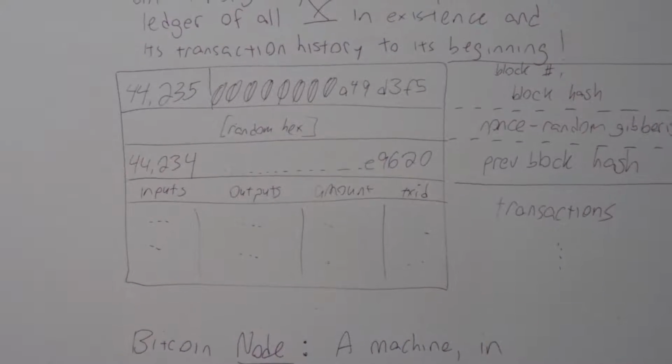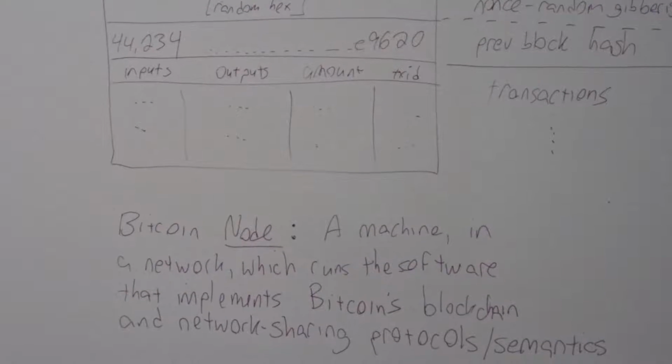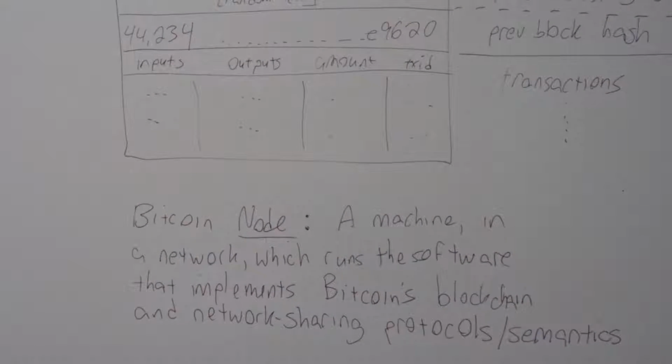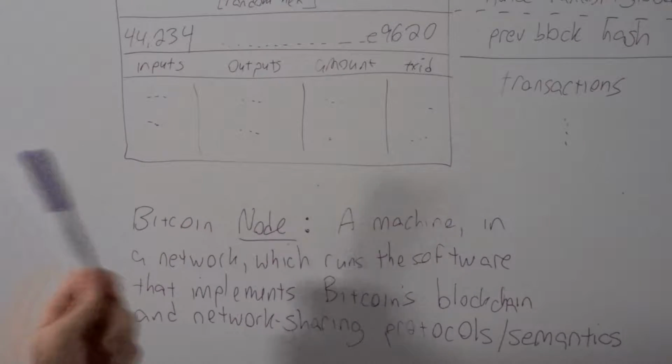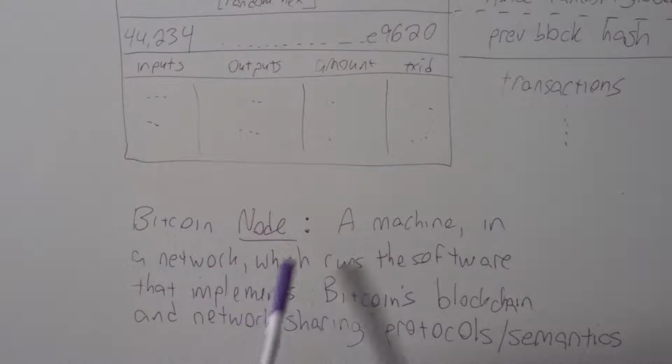So a machine in the network of a blockchain is called a node. So it's a Bitcoin node, or more generally speaking, a blockchain node. A node is a machine in a network which runs the software that implements the blockchain's protocols and network sharing semantics.